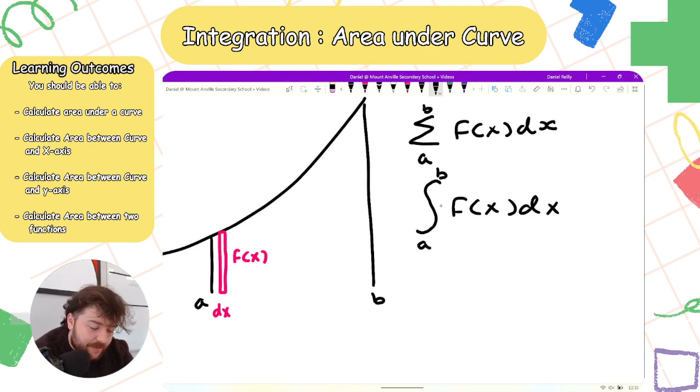It is like the summation notation, but a lot more smoothed out, because I'm taking every value, not going up in 1s or 2s. That is where it comes from: if I make an infinite amount of rectangles and sum all of them up between a and b.